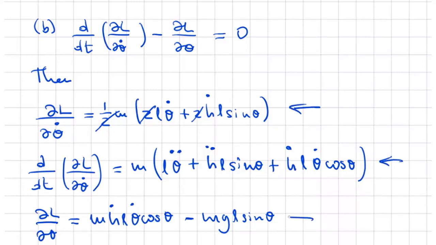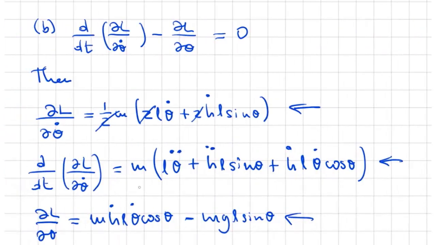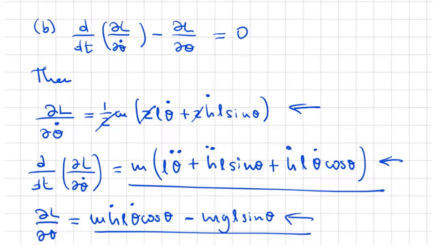and I can write down the equation of motion of the Lagrange equation as derivative with respect to the time of dL/dθ̇ minus dL/dθ equals 0. And this is going to be this term minus this term. Okay?